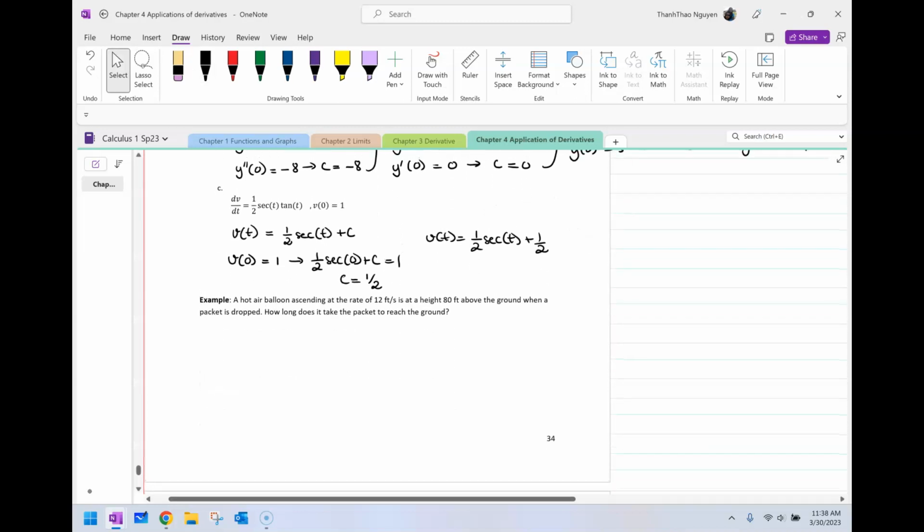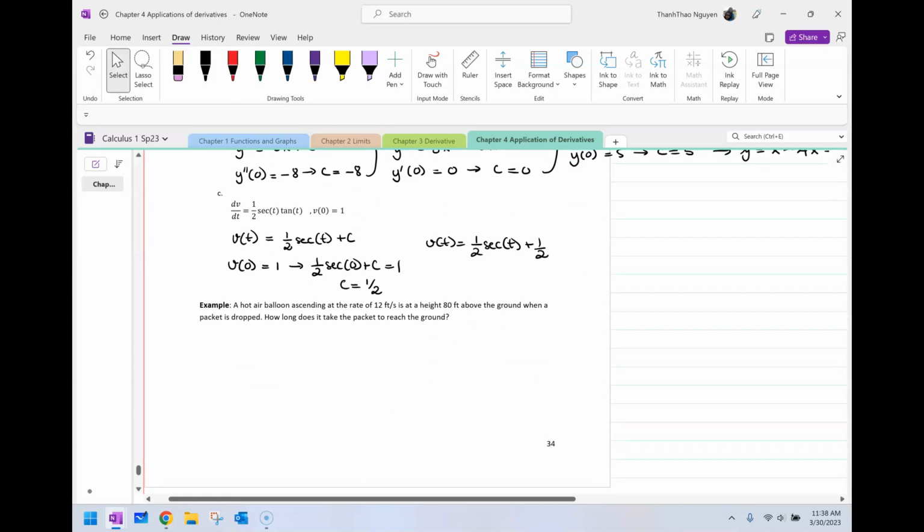The next problem, we have a hot air balloon ascending at the rate of 12 feet per second at the height of 80 feet above the ground when the packet is dropped. How long does it take for the packet to reach the ground? Okay.